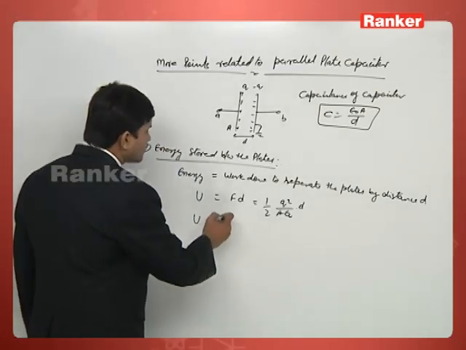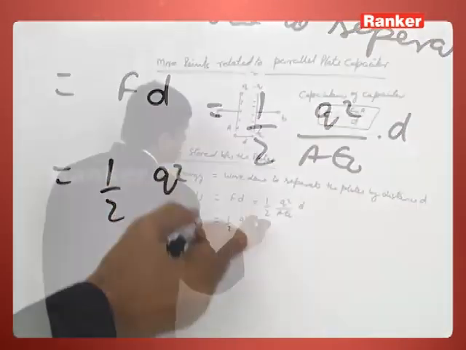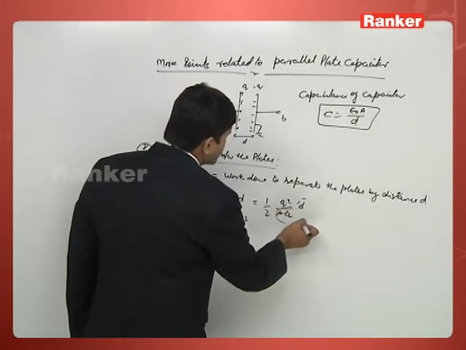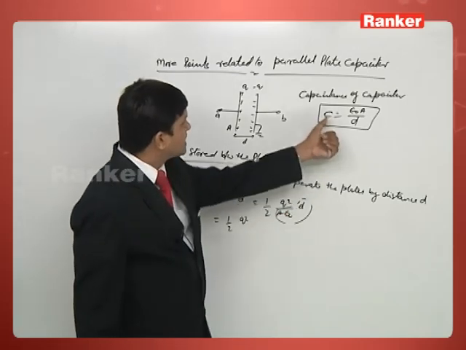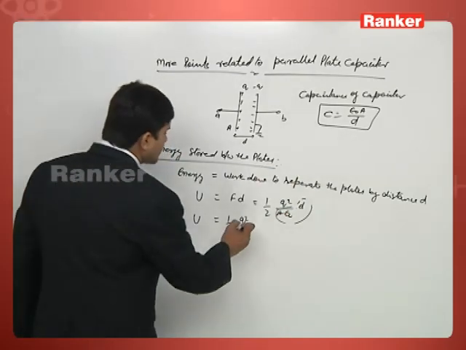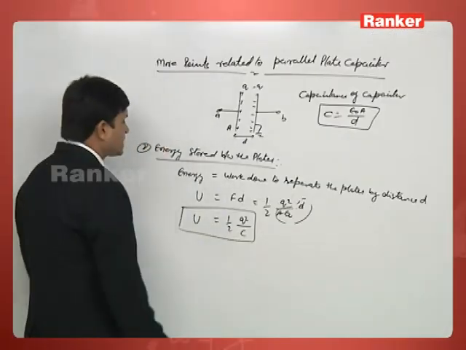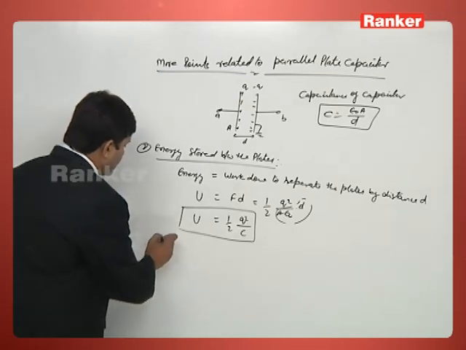Since epsilon naught A by D is C, from here we also get Q square by 2C. This is the energy stored between the plates. And energy density.